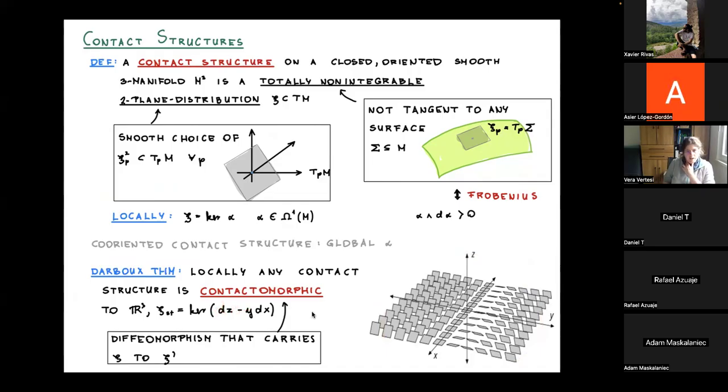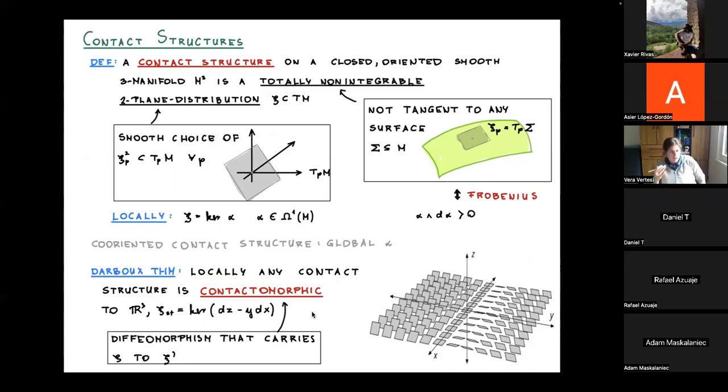You can notice that this one only depends on the y coordinate, and as you go along in the y coordinate direction, the contact structure rotates in a very specific way. The specificity comes from the fact that it has to be a positive multiple of a volume form. Otherwise, if it was a negative multiple, it would rotate in the opposite direction.